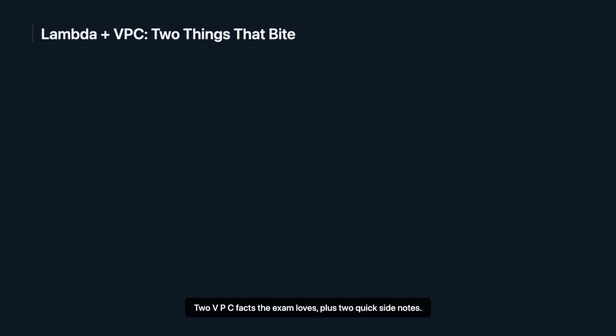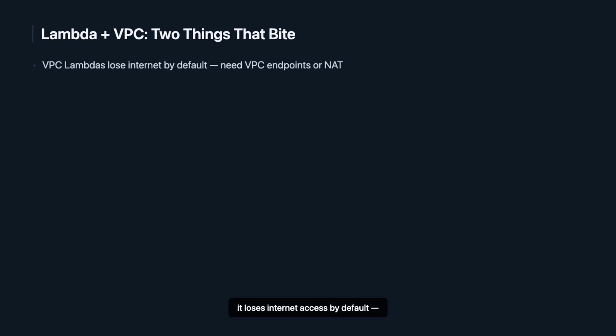2 VPC facts the exam loves, plus 2 quick side notes. First, when you attach a Lambda to a VPC, it loses internet access by default. It can't even reach public Amazon Web Services API endpoints. The fix is VPC endpoints or a NAT gateway. Second, if you need persistent shared storage via EFS, the function must be in a VPC.